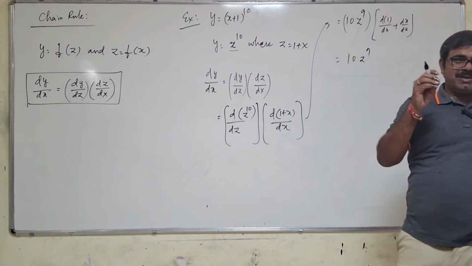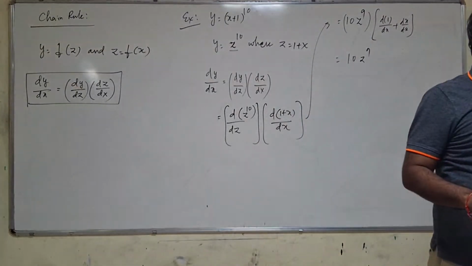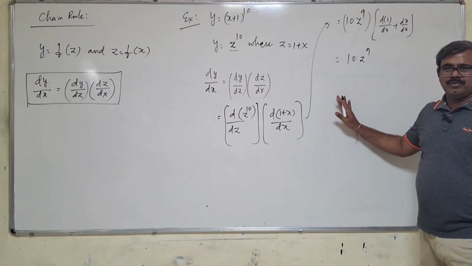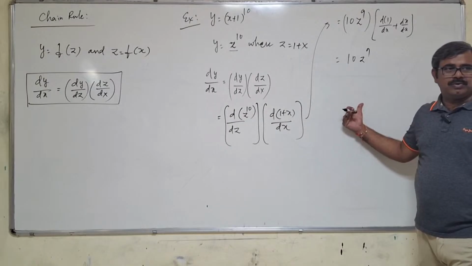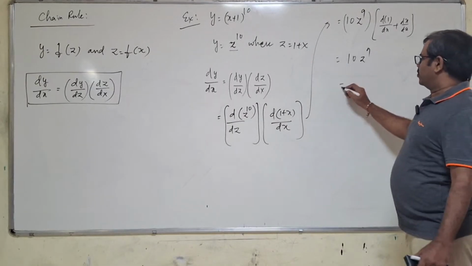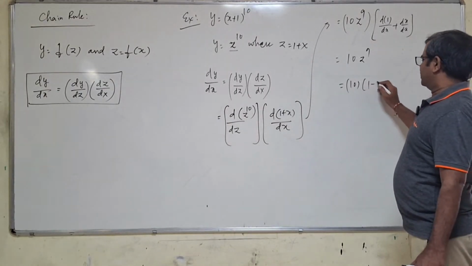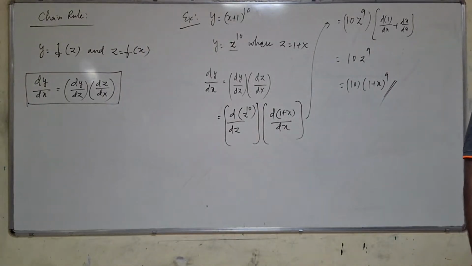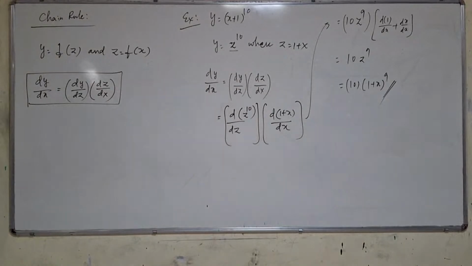But z is a name given by us. It's not there in the original problem. So don't keep your answer in terms of z. What is z equal to? x plus 1. So you have to write this finally as 10 into 1 plus x whole power 9. Do you understand this? Note down this.